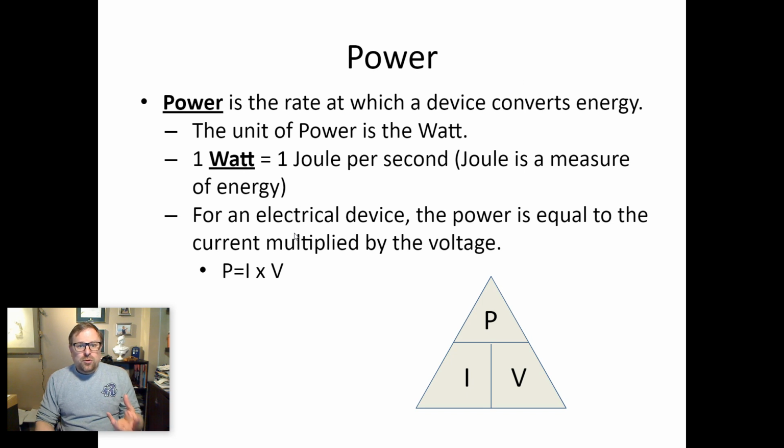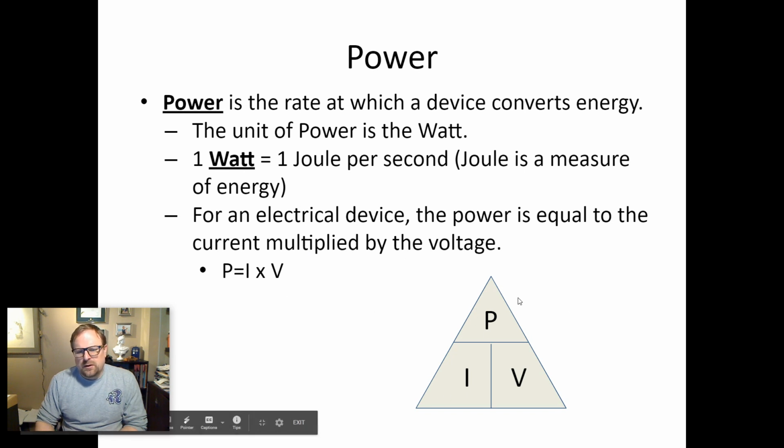So for an electrical device, we can actually do some measurements associated with some of these variables. You should be familiar with them. First off, we represent power as a P, and then you should know these two variables as well. I is for current, V is for voltage. So for an electrical device, power is equal to the current multiplied by the voltage.